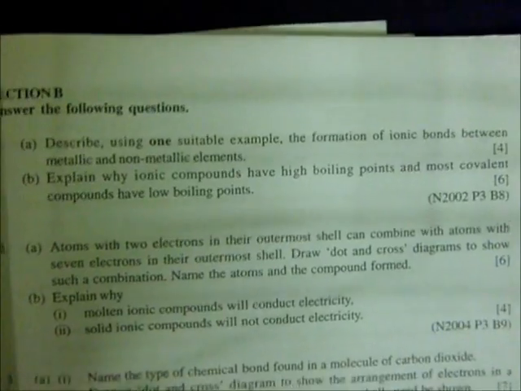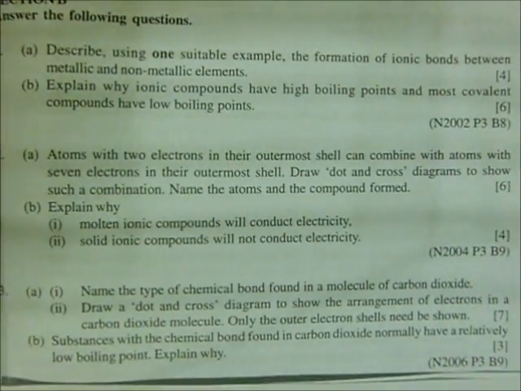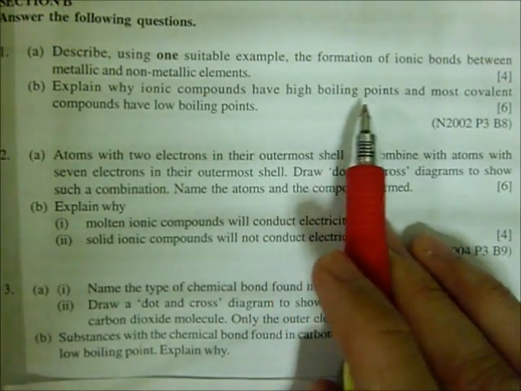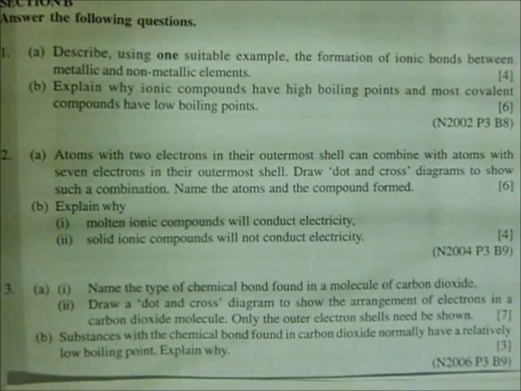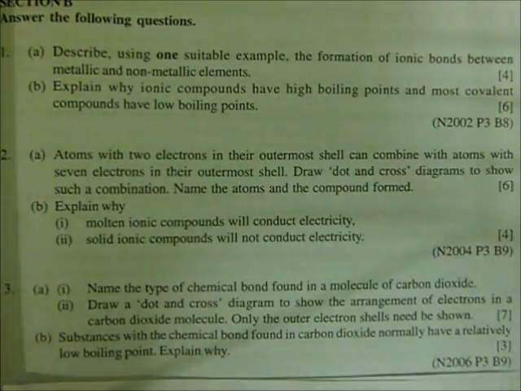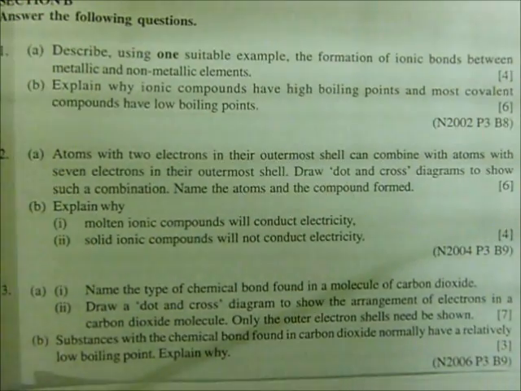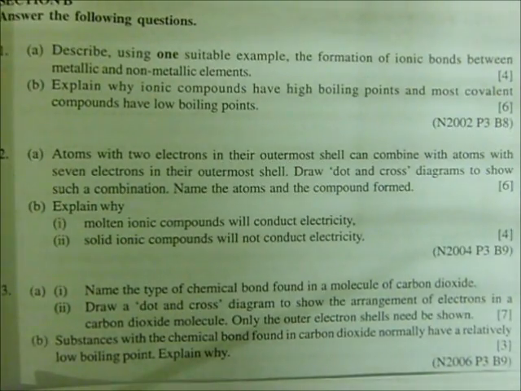Okay, let's go to part B. Explain why ionic compounds have high boiling points and most covalent compounds have low boiling point. Now, ionic compounds. Why do ionic compounds have high boiling point?